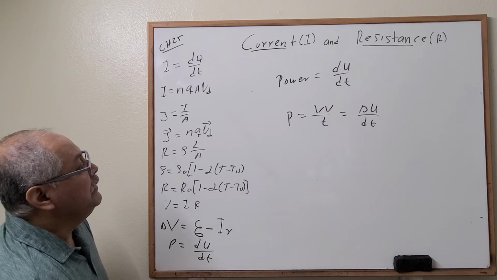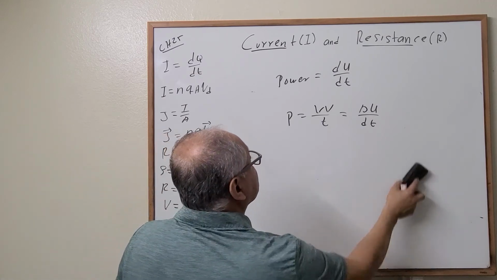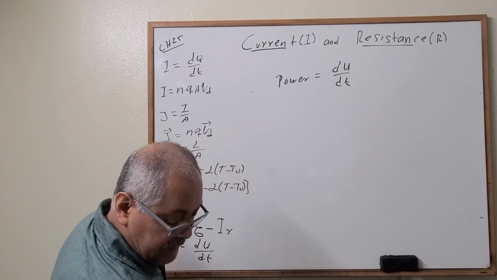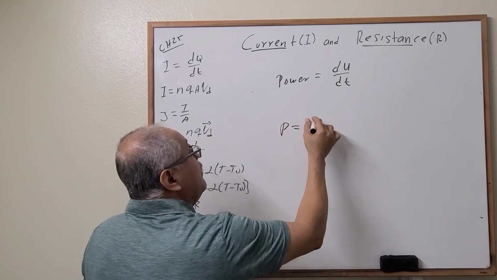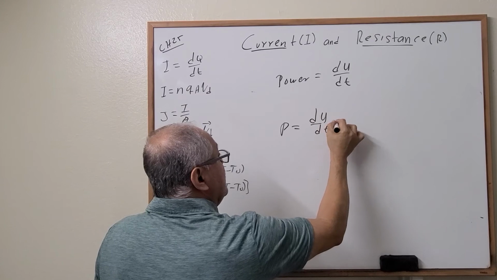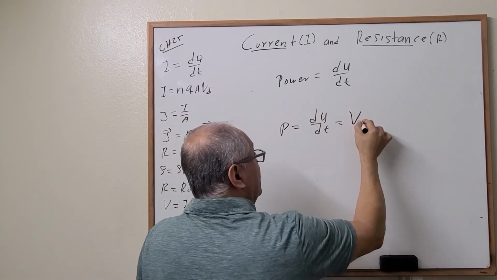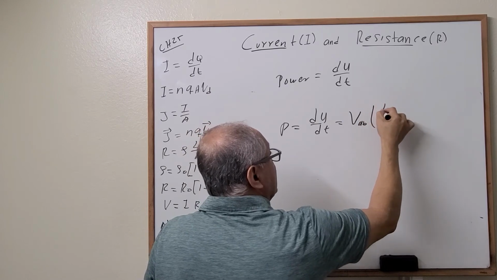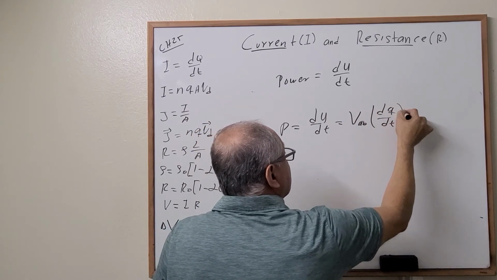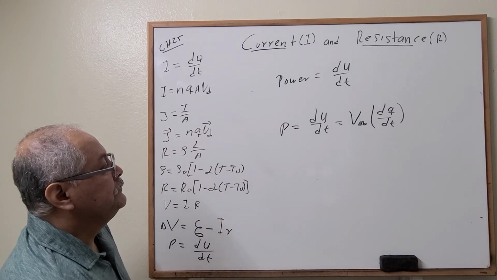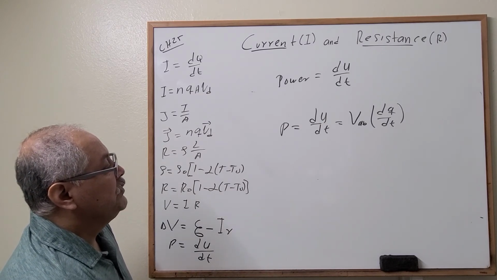Also, when we use work, we can find that power is equal to the voltage, which is A and B, times the change in charge with respect to the time. Correct?